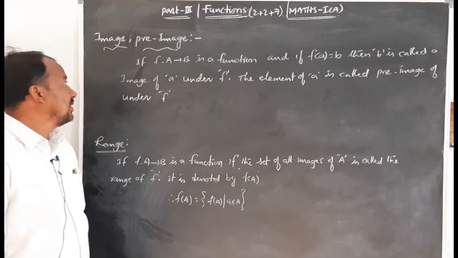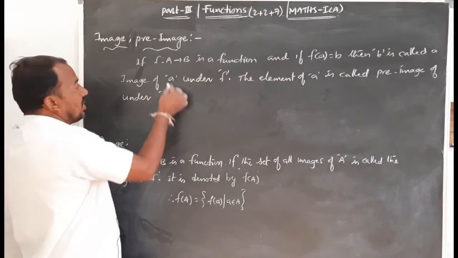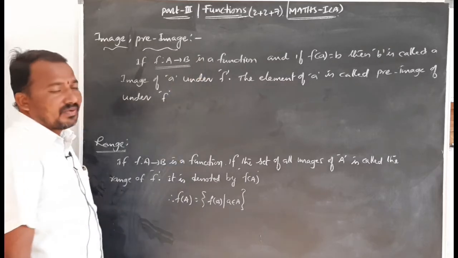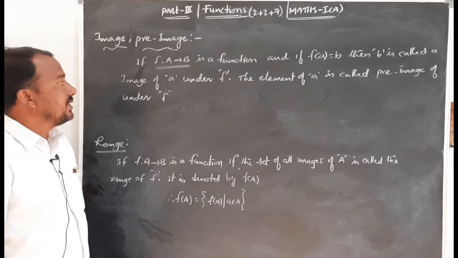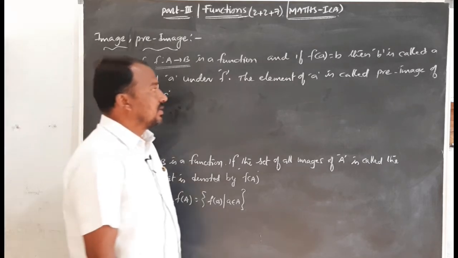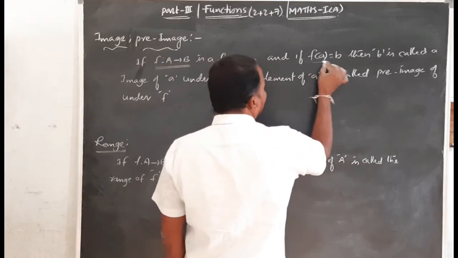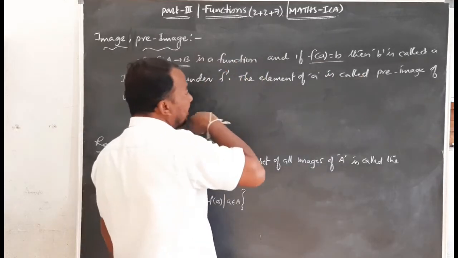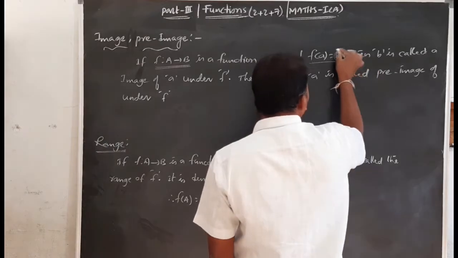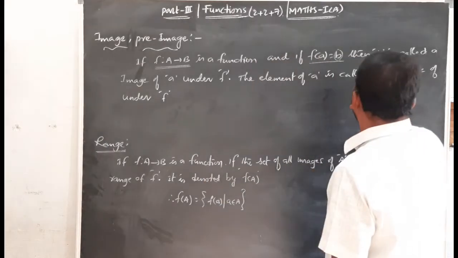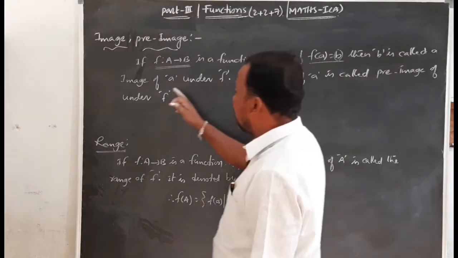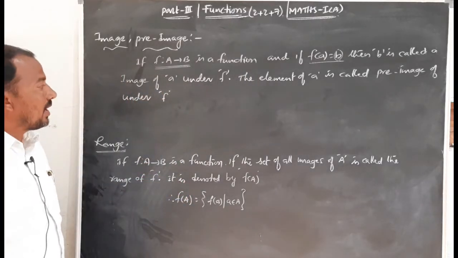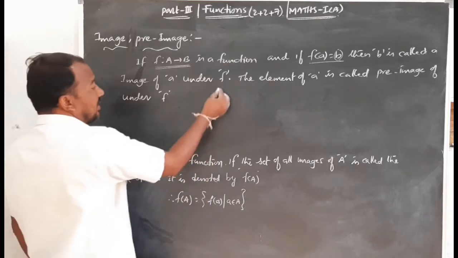Listen carefully. If f from A to B is a function, and if f of a equals b, then b is called the image of a under f.